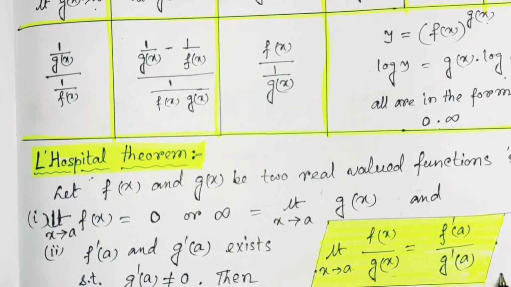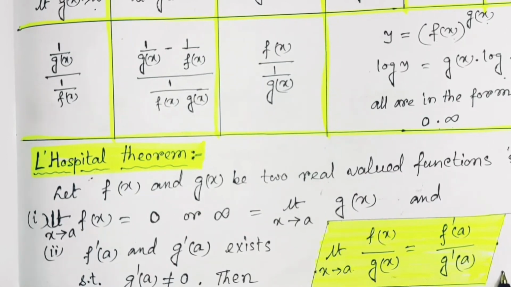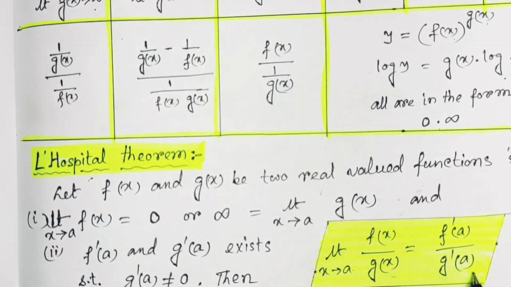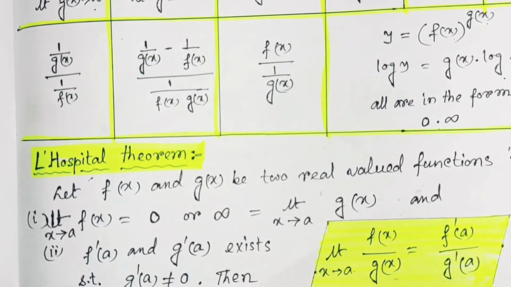Whatever f(x) by g(x) is given, if it is in the 0 by 0 format or the infinity by infinity format, we simply take the derivative of f(x) and the derivative of g(x). After that, we check whether the derivative of g(x) at the limiting point is 0 or not. If it is not equal to 0, then whatever derivative forms you find, just substitute the limiting value, and whatever value you find, that is your result.